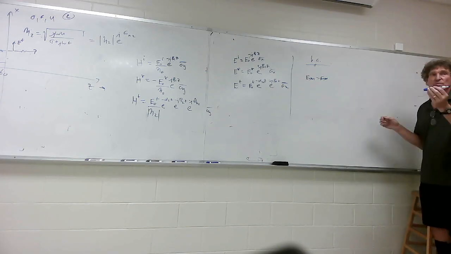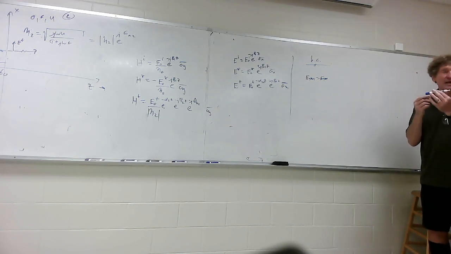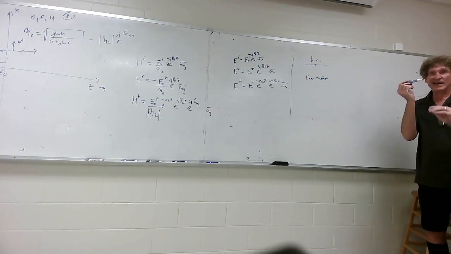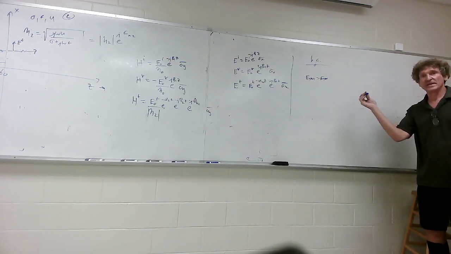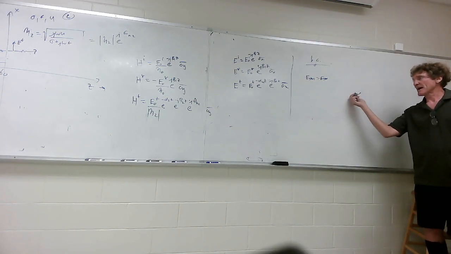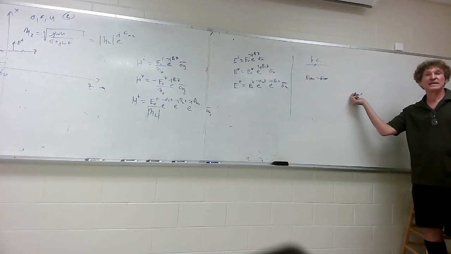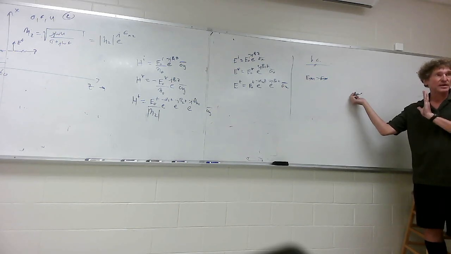If it was normal, if I said I had a vector like this, and it was somehow moving in this direction, then that vector would be perpendicular to the plane of the board. That would be normal. All right, not tangent or perpendicular. You with me on this, class?